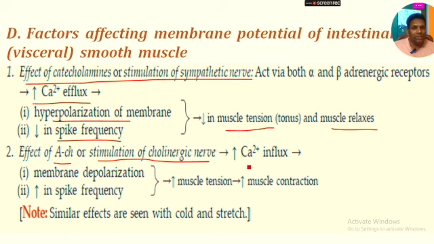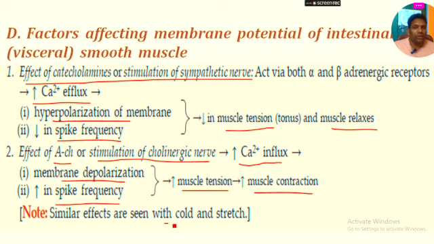Both increase muscle tension and muscle contraction. Similar effects are seen with cold and stretch stimuli also. These are the two effects I have told you in the factors affecting the membrane potential of intestinal smooth muscle.